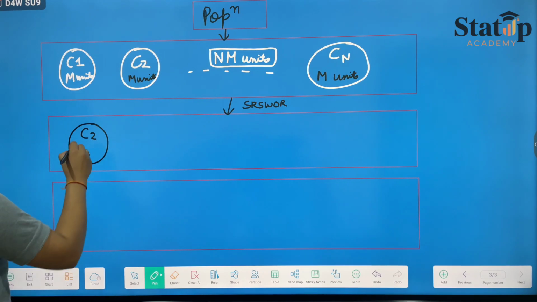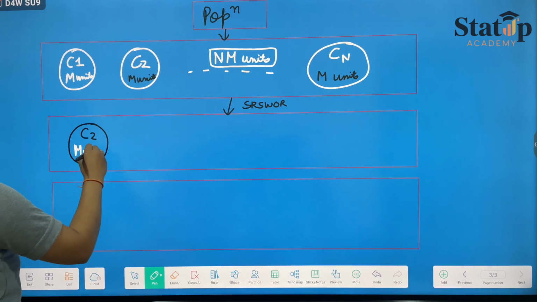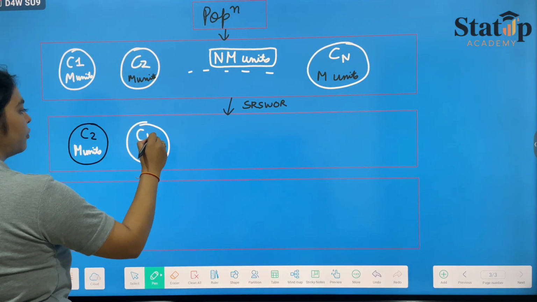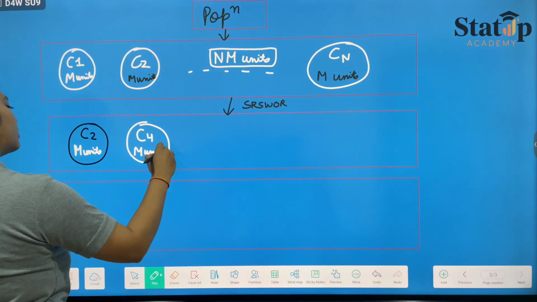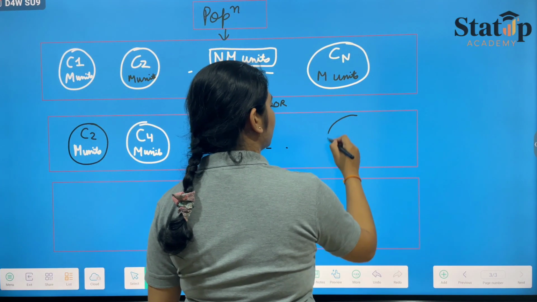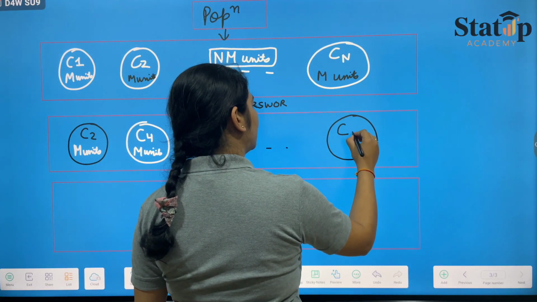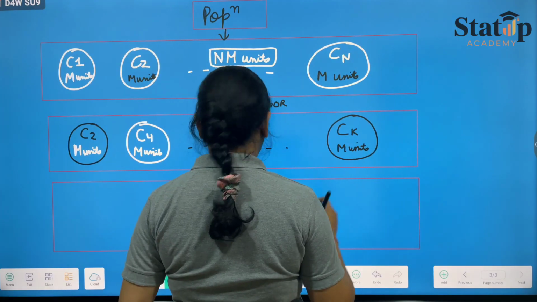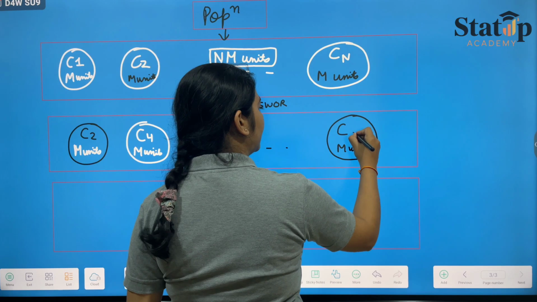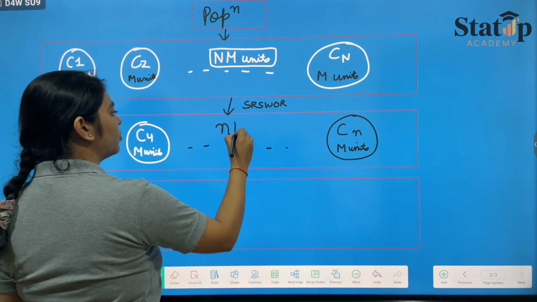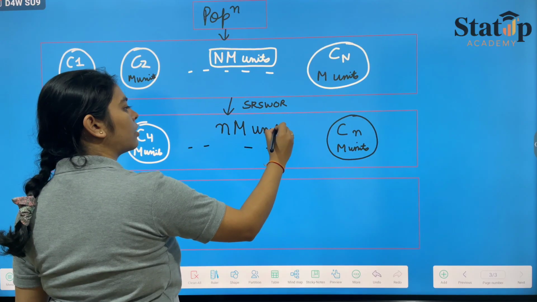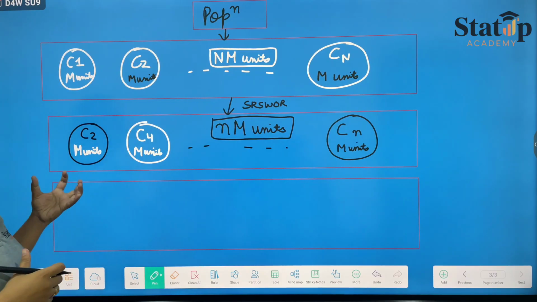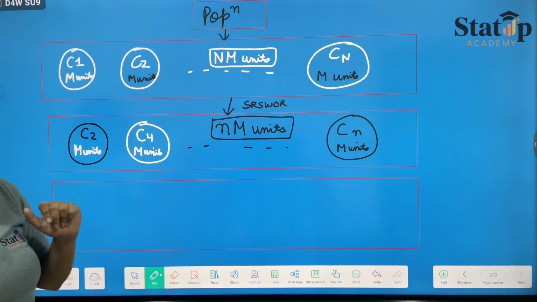Here the units are M only, and similarly clusters 4 up till cluster K, or we can write N instead of K. So here the total number of units is small n into capital M. From the population of capital N clusters, we have selected small n clusters, and this is how it is represented.